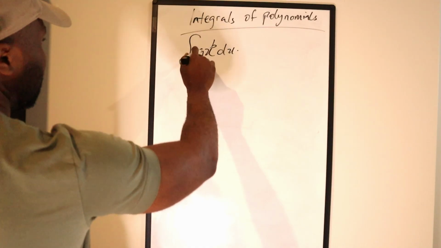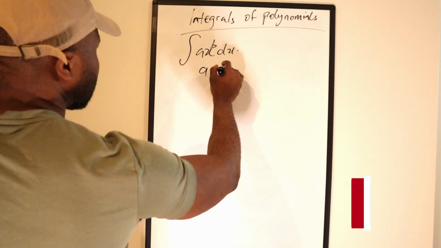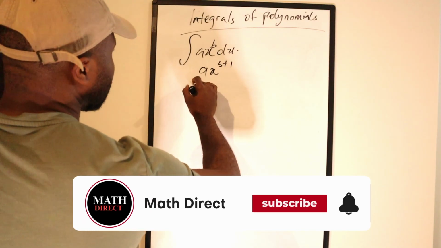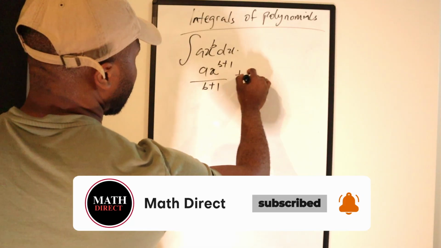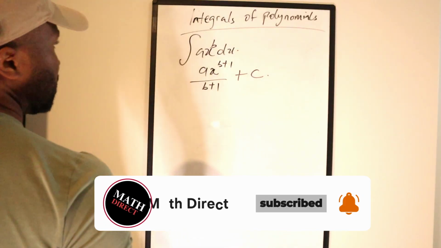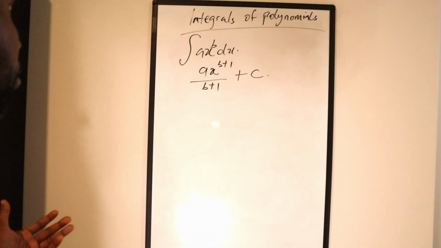The power here is b, and to integrate this is ax^(b+1) divided by b+1 plus c. So this is how we solve integration problems.